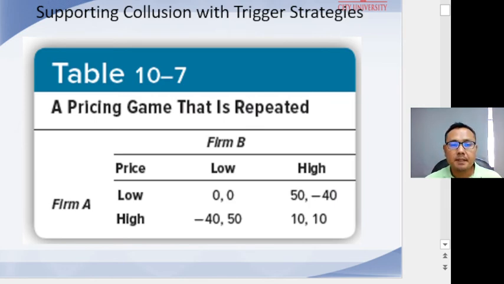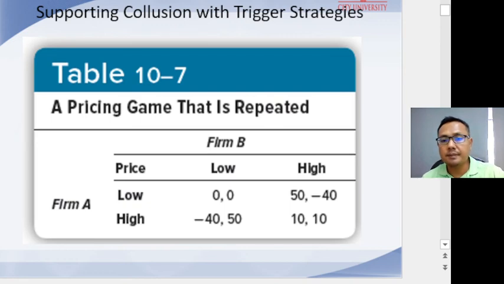To see how trigger strategies can be used to support collusive outcomes, suppose firms A and B secretly meet and agree to the following arrangement. We will each charge the high price, provided neither of us has ever cheated in the past. If one of us cheats and charges the low price, the other player will punish the deviator by charging the low price in every period thereafter.